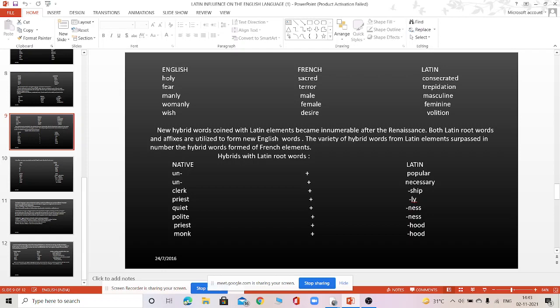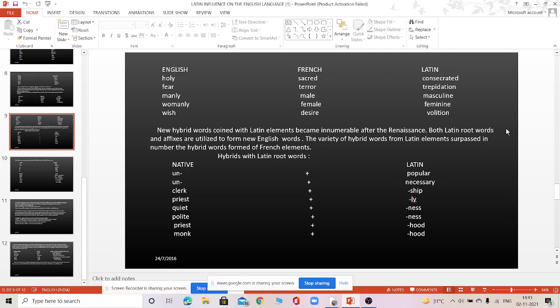After this mixture or combination, they became new words. Both Latin root words and affixes are utilized to form new English words.